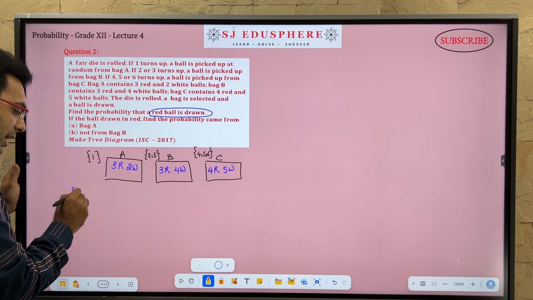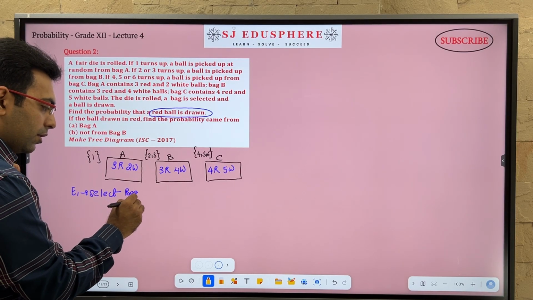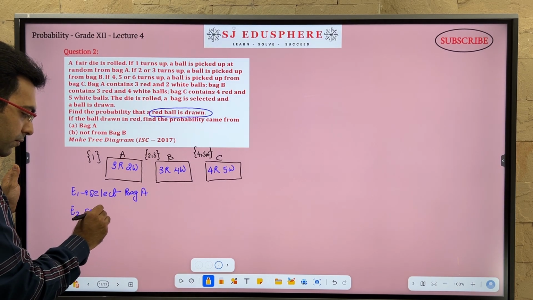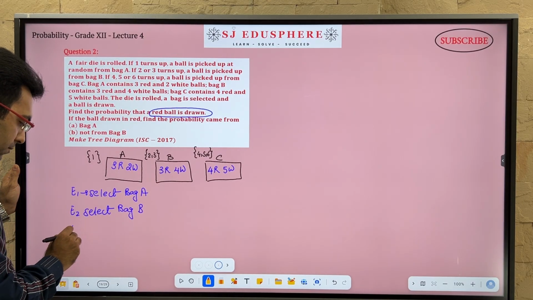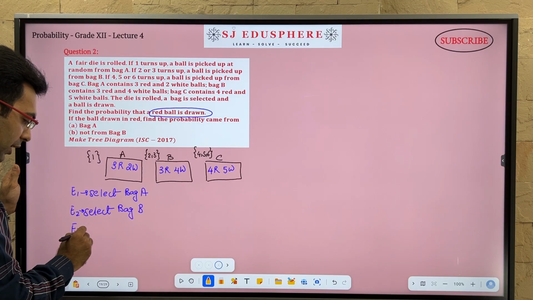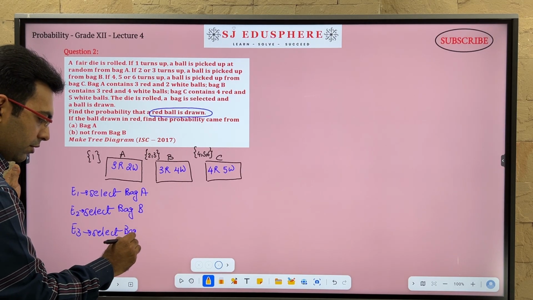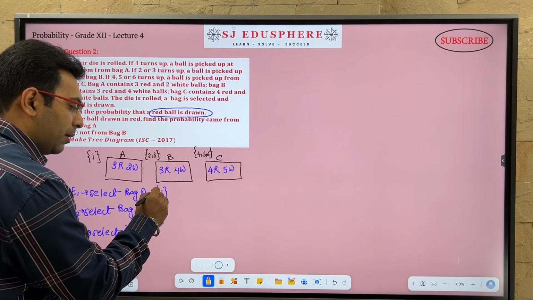Can I say E1 is select bag A, E2 is select bag B, E3 is select bag C. You will get bag A when you get the number 1.